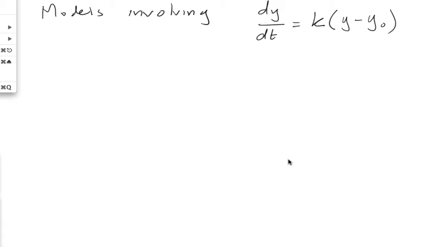So it depends on the difference. If the difference in the temperatures is high, then it moves to the equilibrium temperature quicker.